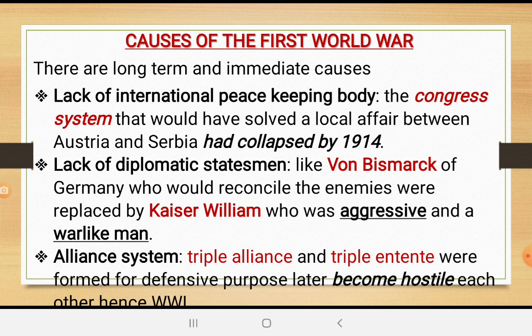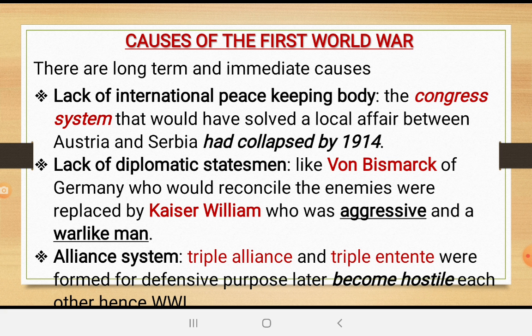Next, the alliance system. Alliance system is a grouping of countries, which I have been explaining in the introduction. There are two sides in this war, the Triple Alliance and the Triple Entente. The Triple Entente is composed of Britain, France, and Russia, and the Triple Alliance of Germany, Austria-Hungary, and Italy.